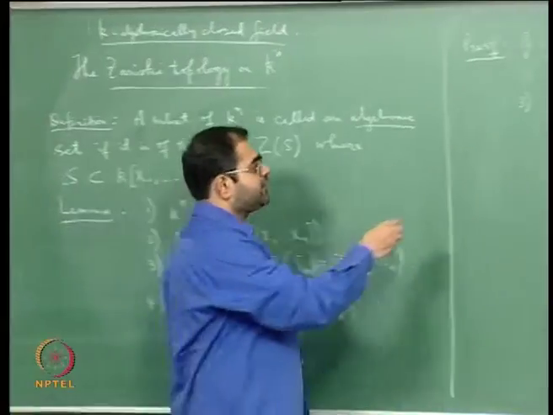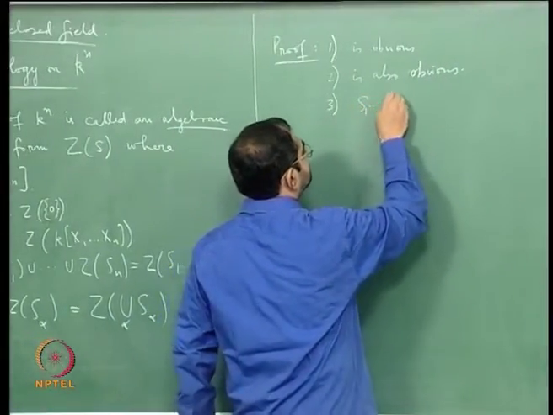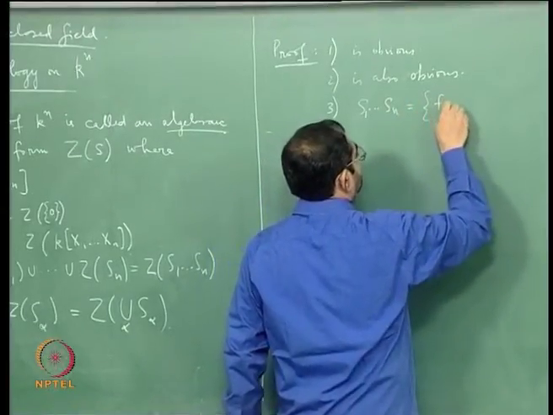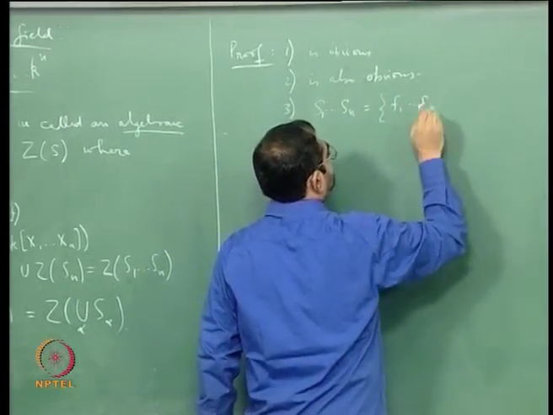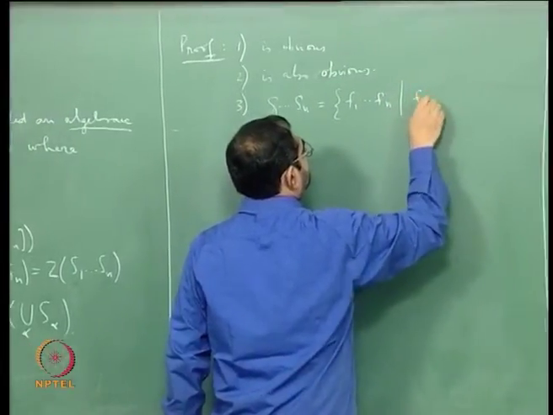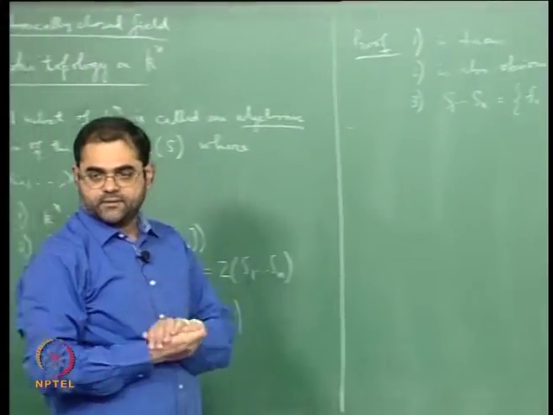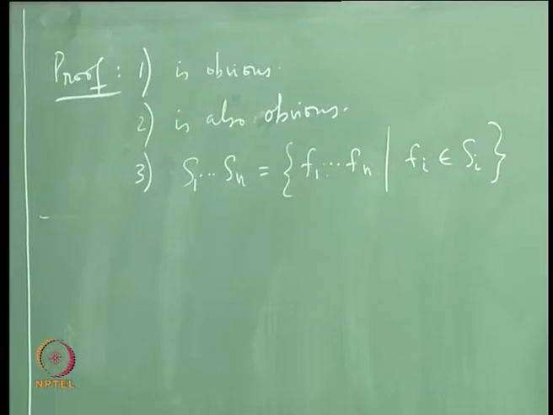So let me write that S1 through Sn is the set of all F1 through Fn such that Fi is in Si. You take one member from each Si and then multiply them out.